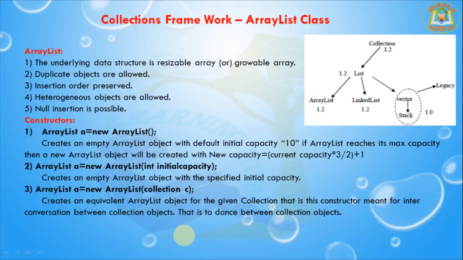This takes a Collection c. It is a parameterized constructor. It creates an equivalent ArrayList object for the given collection. This constructor is meant for inter-conversion between collection objects.